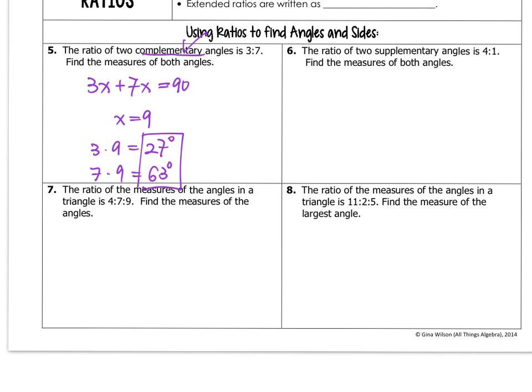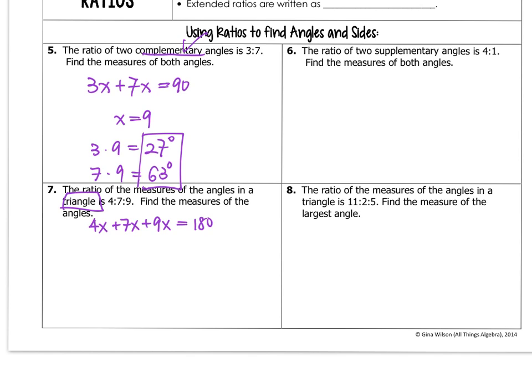Okay, so number 7: the ratio of the measures of the angles in a triangle is 4 to 7 to 9. Find the measures. Same thing, the first angle is 4 parts, the second angle is 7 parts, and the third one is 9 parts. You add all 3 together because they add up to a triangle.